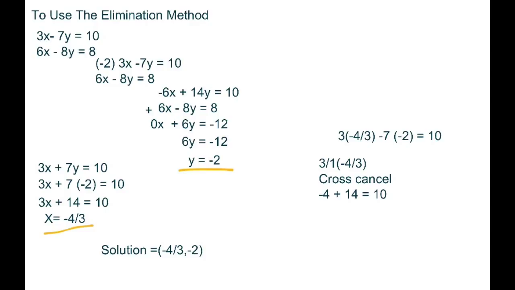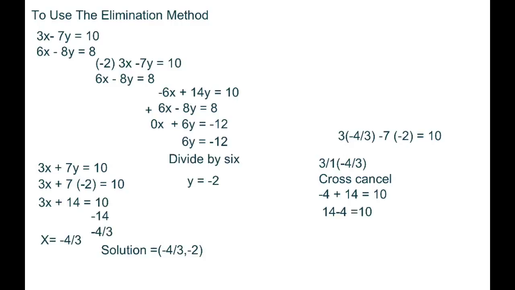And I did it because I cross-canceled the 3's. And so there's my check. And so let's add the negative 4 and 14. So negative plus positive. As you can see, I cross-cancel the 3's, making them 1's. So negative 4 over 1 makes it negative 4, so negative 4 plus 14 equals 10. 14 minus 4 equals 10.